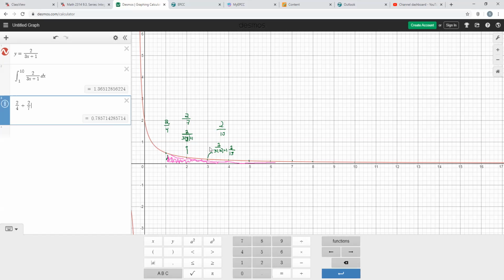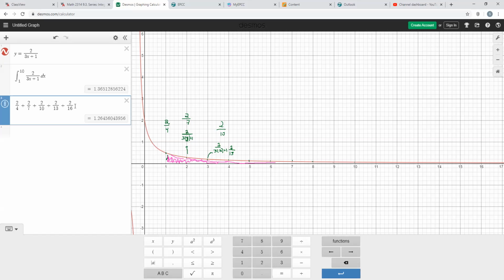Plus 2 over 10, plus 2 over 13, plus 2 over 16. I don't know if I want to go all the way out to 2 over whatever 10 is. 10 would be 30, 3 times 10 is 30, plus 1 is 31.